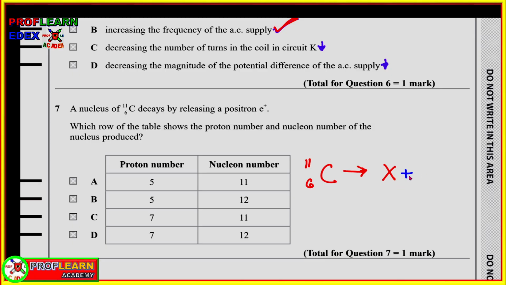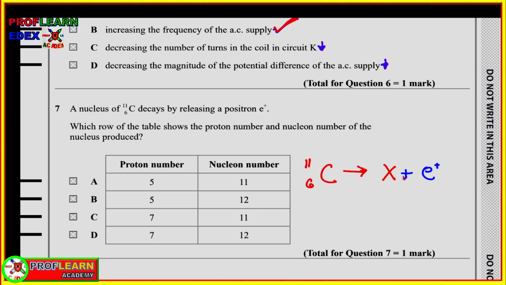So the emission of a positron, in this case we are talking of a positron emission, so the proton number decreases by 1.